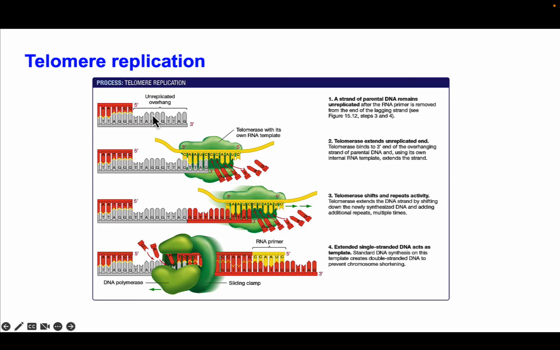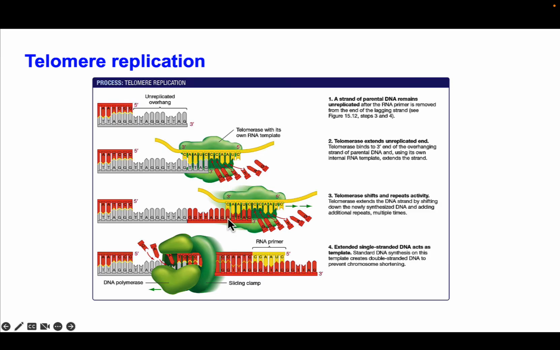So here's our unreplicated overhang, and the RNA in telomerase guides it to the telomeric regions of DNA. It binds here at the parental strand, and using its own internal RNA template, it extends the strand. So we're actually extending the parental strand first.